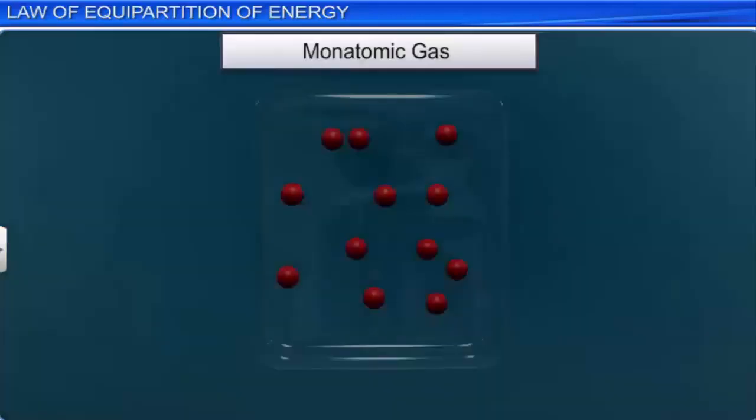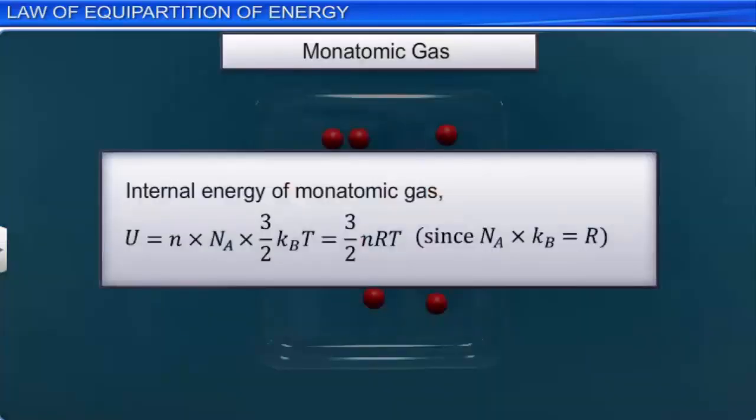Then, the internal energy of n moles of a monoatomic gas, U, is equal to n into Na into 3 by 2 kBT. Since Na into kB is equal to R, we get the internal energy of a monoatomic gas, U, is equal to 3 by 2 nRT.